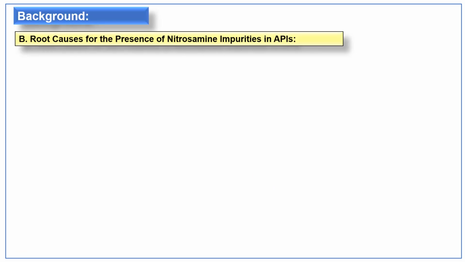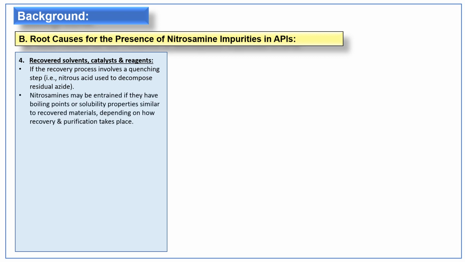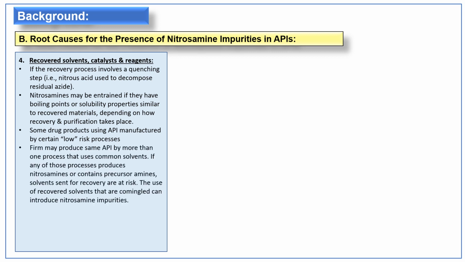Continuing with the root cause for nitrosamine impurities in the APIs: recovered solvent, catalysts and reagent. If the recovery process involves a quenching step, nitrosamines may be entrained if they have boiling points or solubility properties similar to the recovered materials. Some drug products use API manufactured by certain low risk processes, and a firm may produce an API by more than one process that uses common solvents.